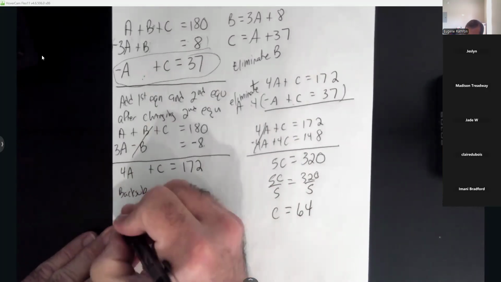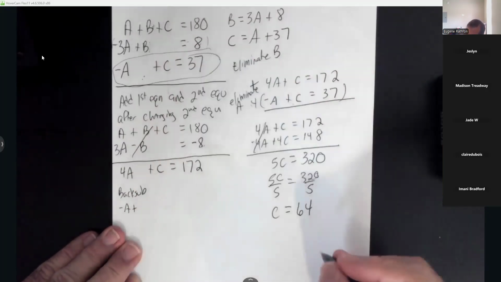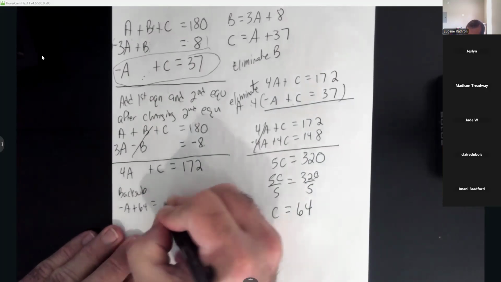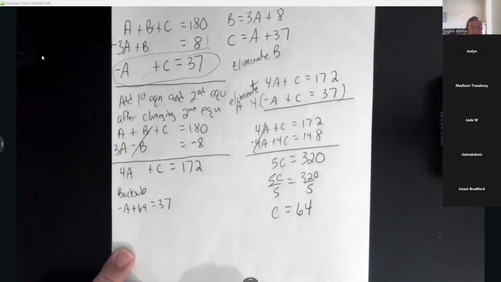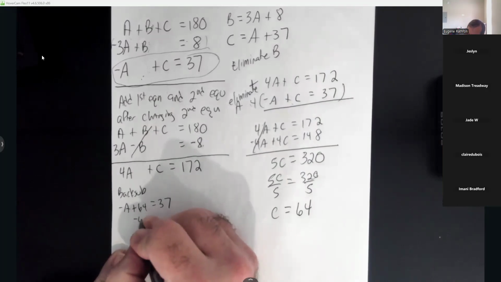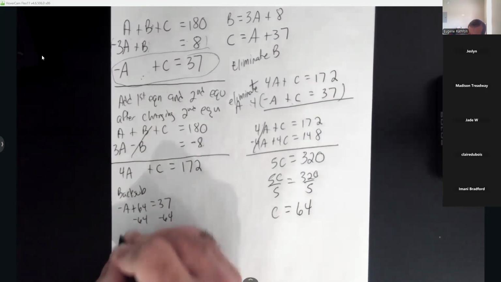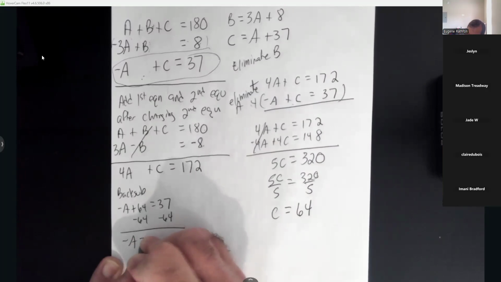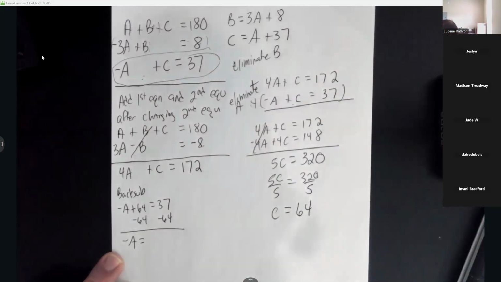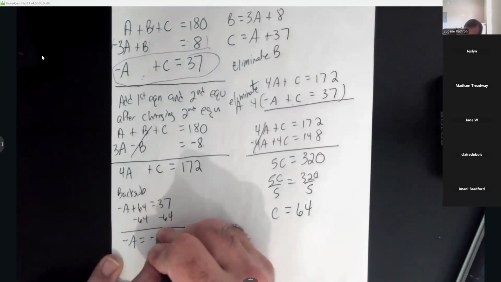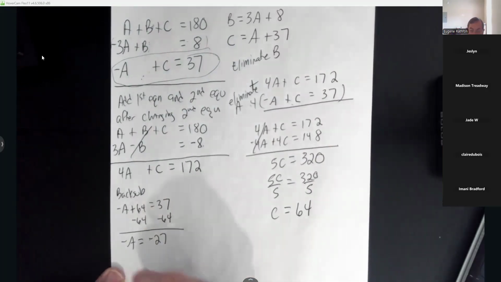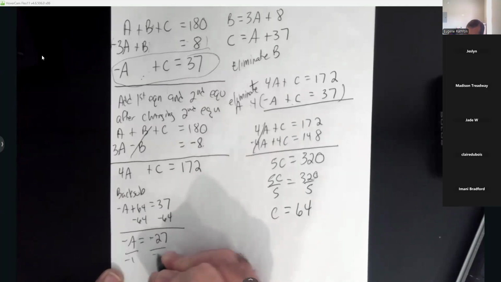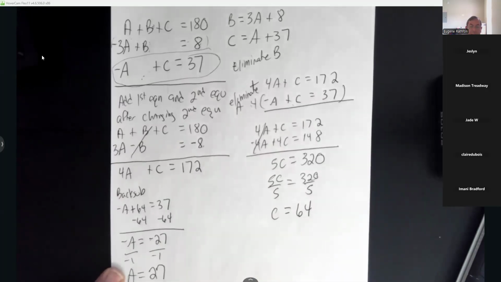So I get negative A plus C, which was 64. That's going to equal 37. So I'm going to subtract 64. I get negative A equals, so y'all, let's see what I got. 37 minus 64 is a negative 27. Divide both sides by negative 1. And A equals a positive 27.